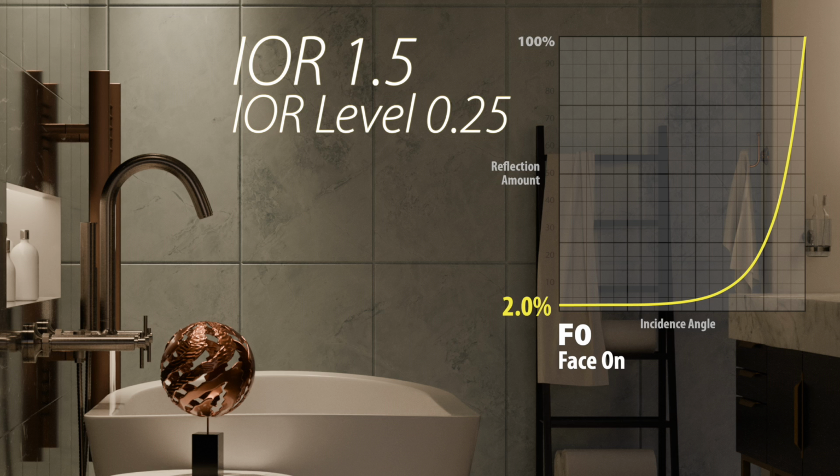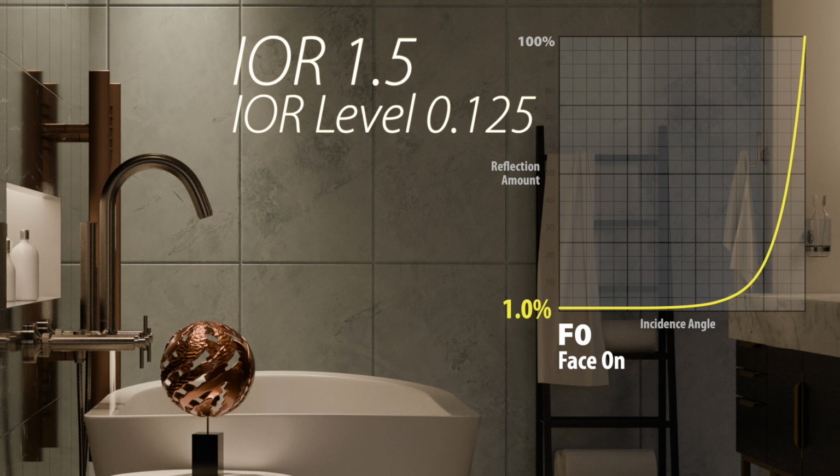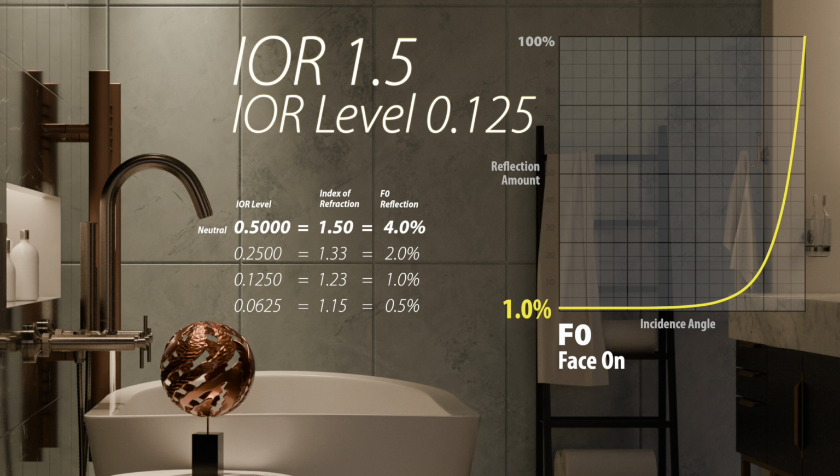But using IOR level, you just drop it in half again to 0.125, and you get 1% at low glancing angles. So the IOR level linearizes these small but important changes to F0 reflectance.